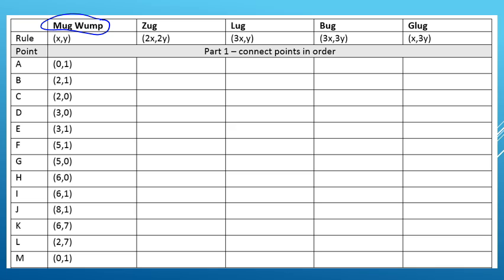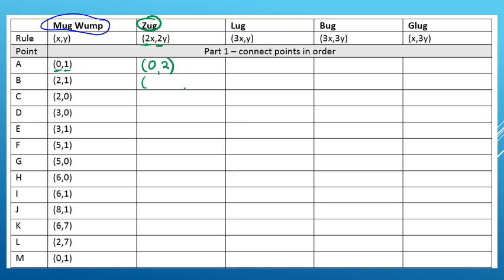So looking first at Zug. Zug is (2x, 2y). So I'm going to take each of Mugwump's coordinates and multiply by 2. So the x times 2 and the y times 2. In this case I have 0 times 2 makes 0, and 1 times 2 makes 2.